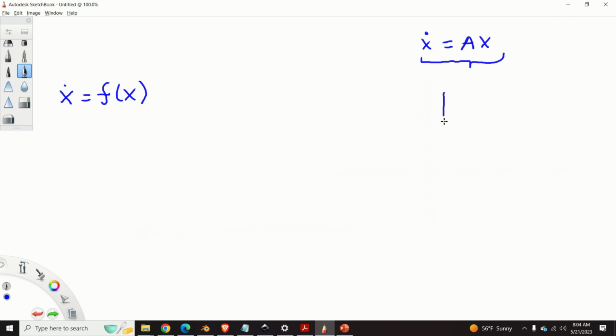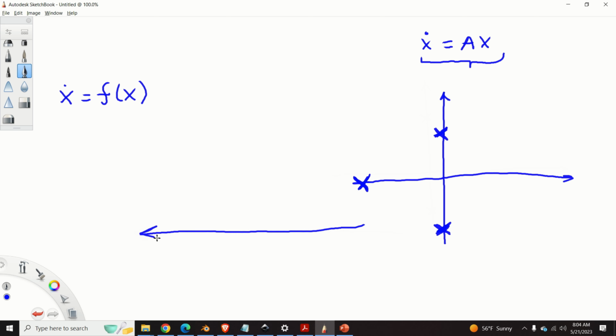Also, in the case if we have two eigenvalues on the imaginary axis and one eigenvalue over here, we cannot make definite conclusions about the stability of the equilibrium point of the nonlinear system.